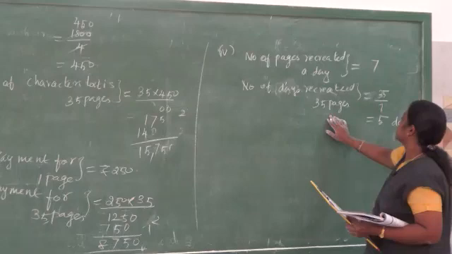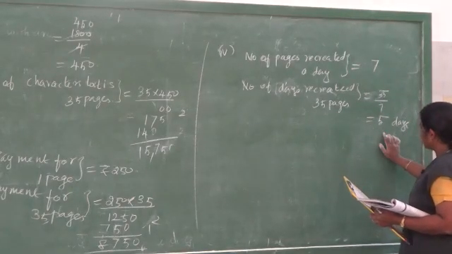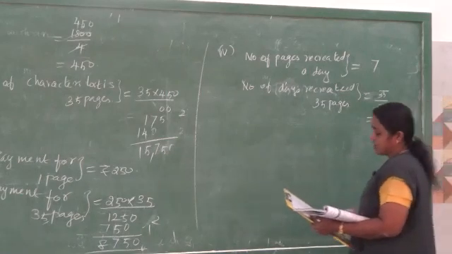We have to recreate 35 pages. How many 7s are there in 35? 5 7s are 35. So he needs 5 days.